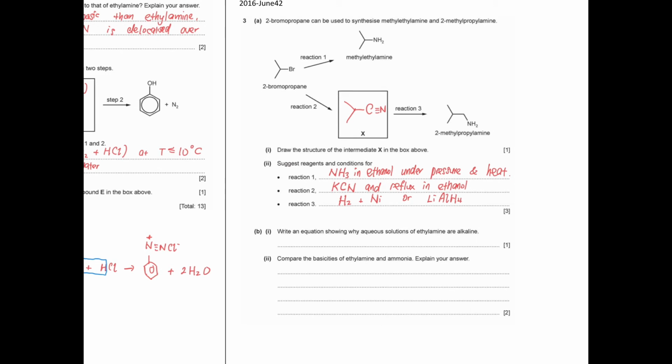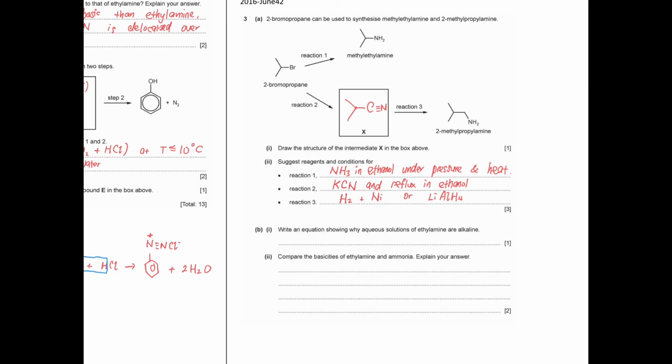Okay, so now B1, write an equation showing why aqueous solutions of ethylamine are alkaline. To write the equation, you have to show that it is a proton acceptor. So ethylamine is none of the structures here, so we just put it as CH3CH2, this is ethyl, and then NH2 reacts with H2O.